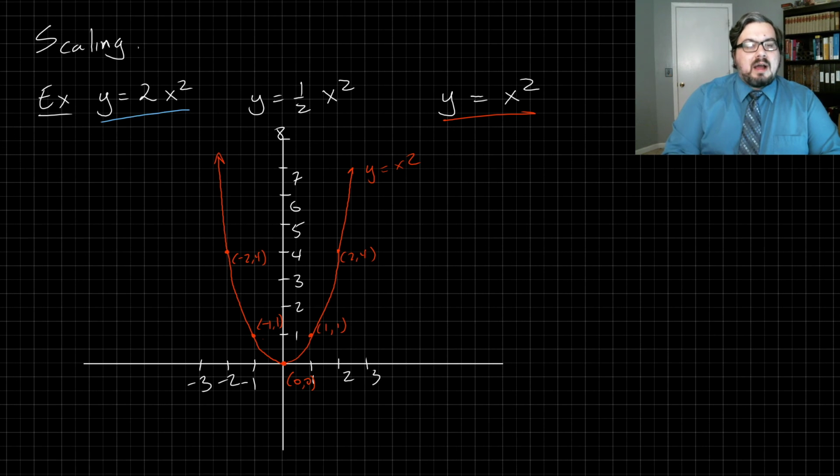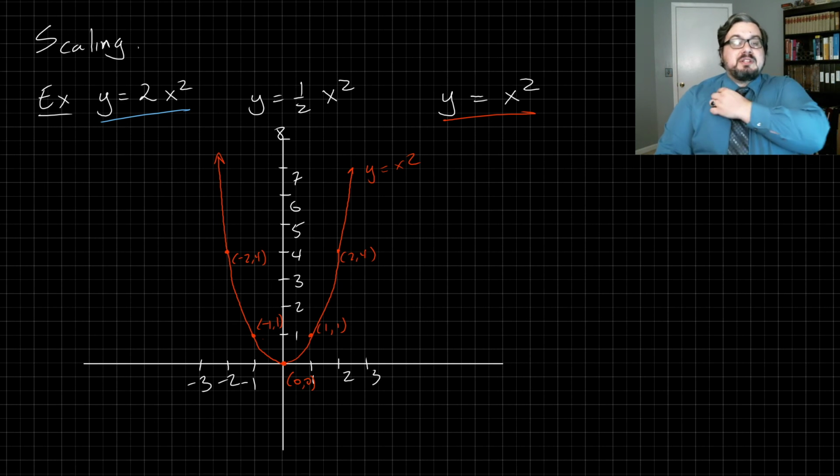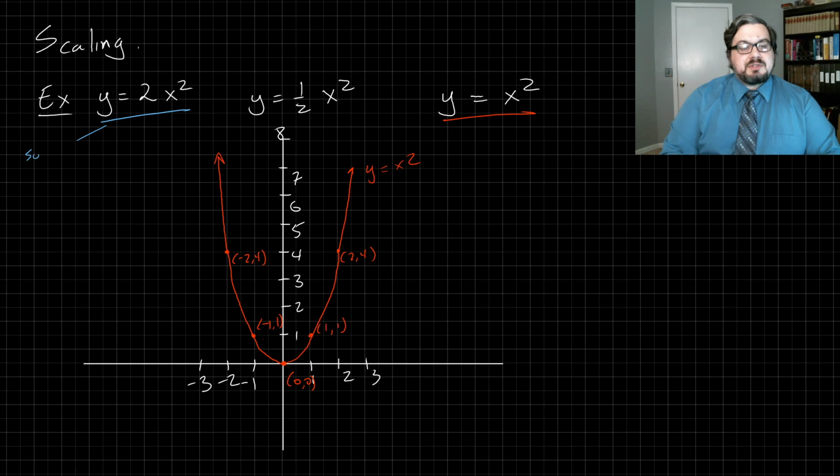So now let's think about y equals 2x squared. For a point to be a solution to this equation, the y values are going to have to be twice as big as the y values would have to be in the red equation, y equals x squared. So some solutions to this equation can be gotten by just taking solutions to y equals x squared and doubling the y value.